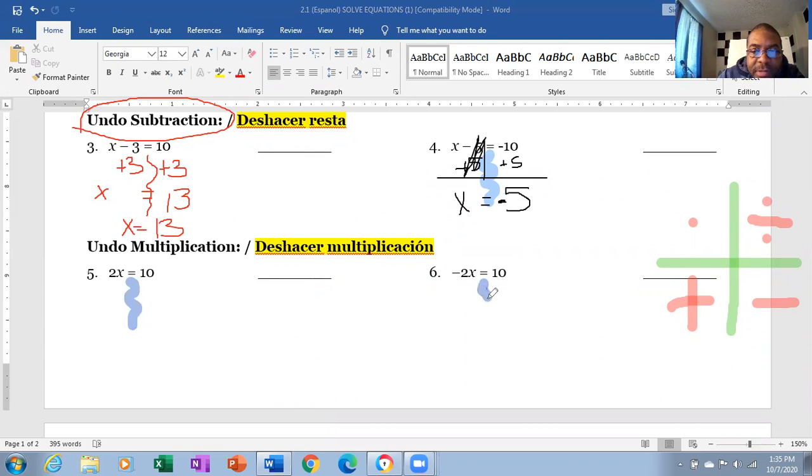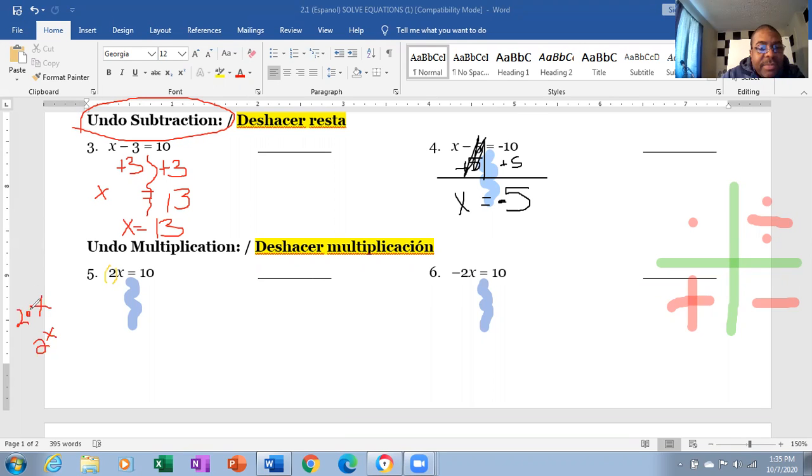Let's go ahead and put our rivers here. All right. 2x is really 2 times x. Another way of writing 2 times x would be 2x. So the multiplication is right here.